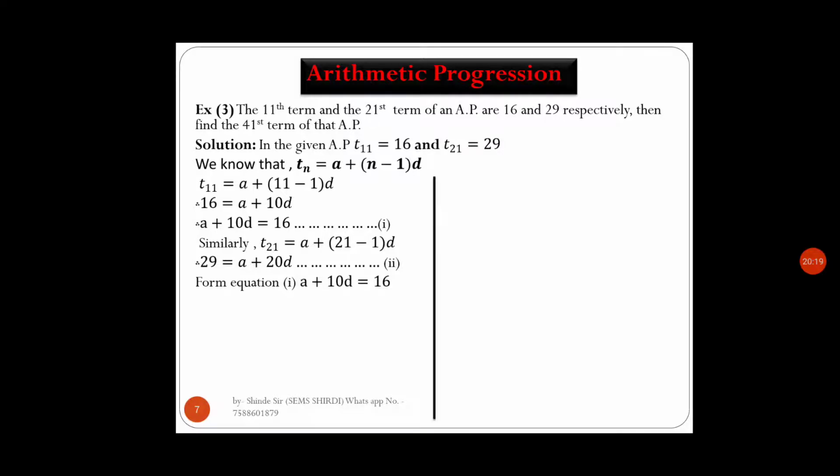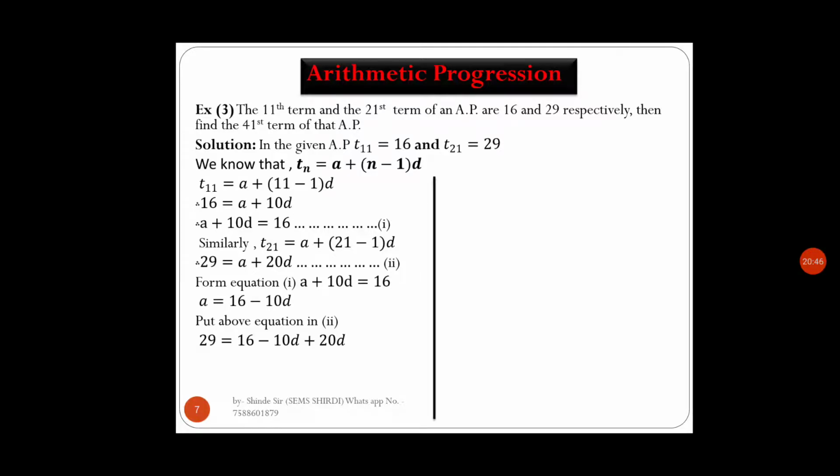From equation number 1, a plus 10d is equal to 16, so a is equal to 16 minus 10d. Now we put this in the second equation, replacing a by 16 minus 10d. Then the second equation becomes 29 is equal to 16 minus 10d plus 20d.